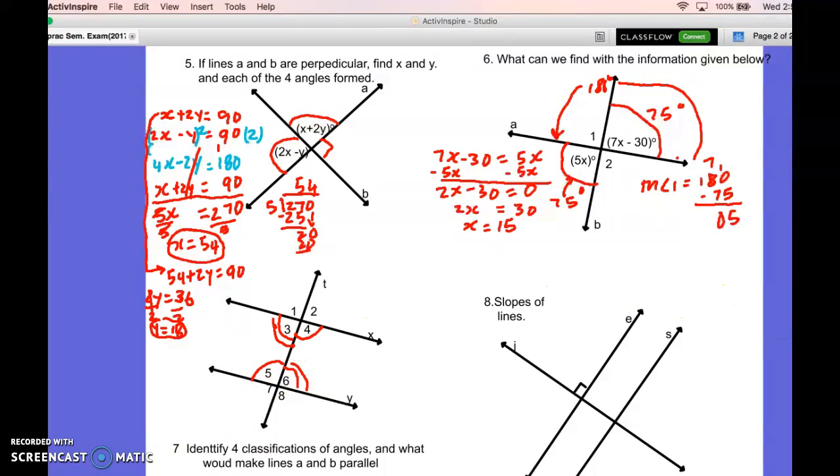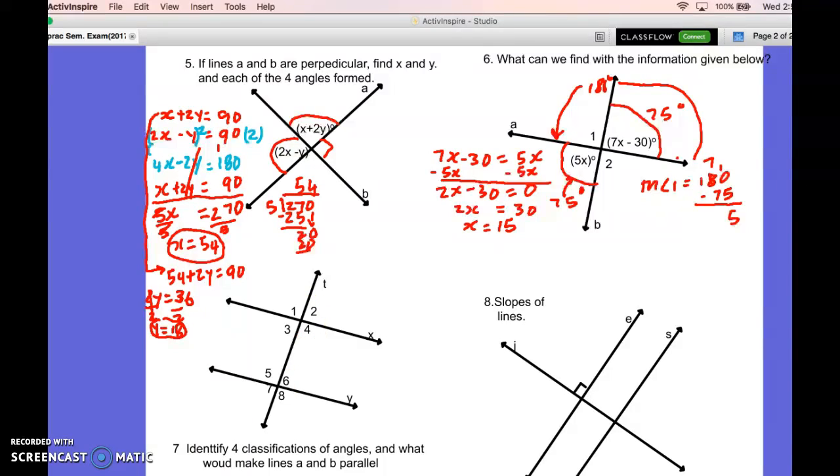Now, which angles would have to be congruent in order for lines X and Y to be parallel? Well, corresponding angles like 1 and 6, or angle 4 and angle 8. If those are congruent, that would force lines X and Y to be parallel. What else?